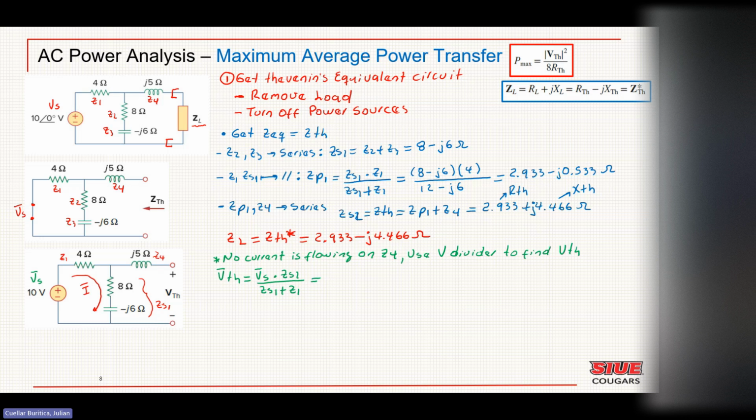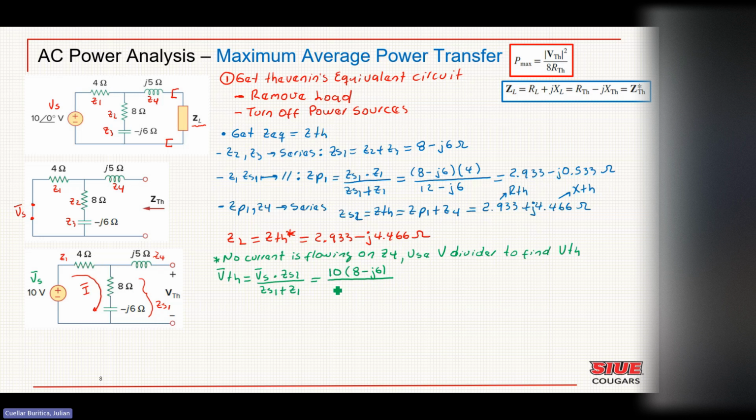Our Vs is just 10 volts times Zs1. Zs1 is 8 minus J6, and everything divided in the addition of all those.